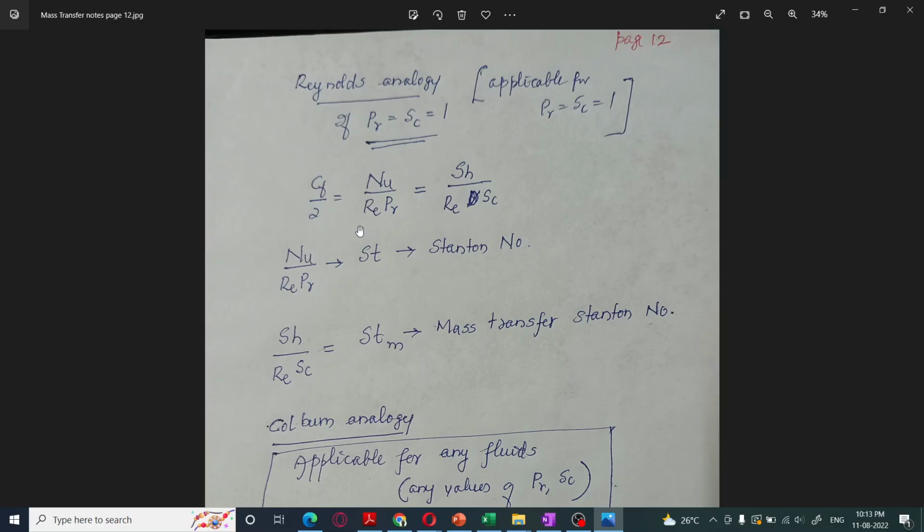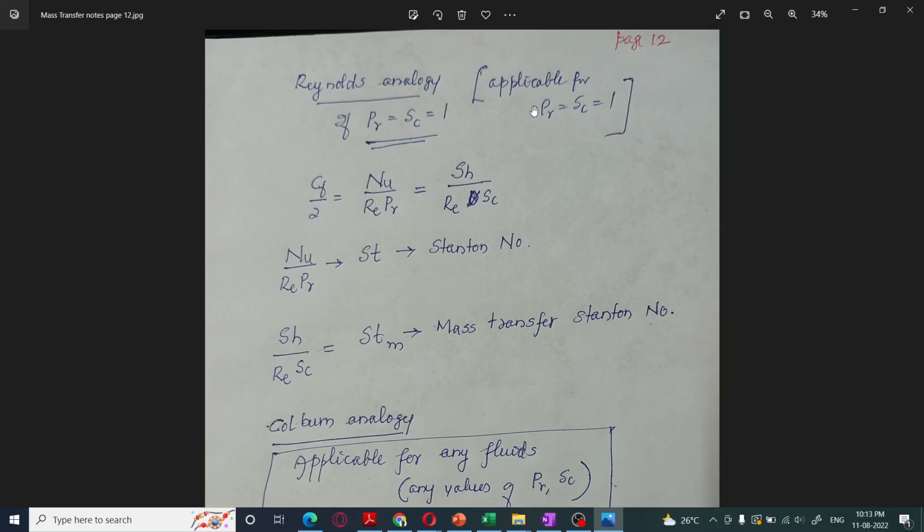The Reynolds analogy is applicable for fluids having Prandtl number almost equal to 1. Then we can write Cf by 2 is equal to Nu by Re Pr, where Pr can be 1. This can be extended to this relation also: Sherwood divided by Re Sc, applicable if the Prandtl number and Schmidt number are equal to 1.